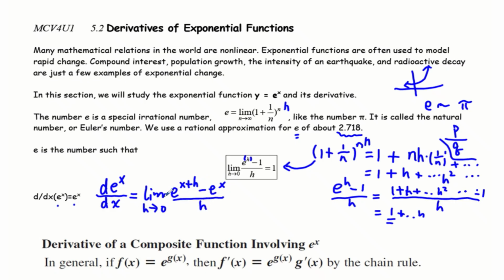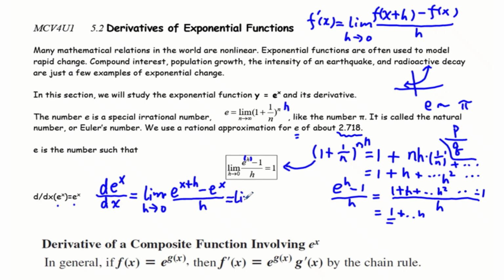The definition of the derivative f prime of x from the limit definition is the limit as h approaches 0 of f at x plus h minus f at x, over h. So f at x is e to the exponent x. That's the reason we change the exponent here.